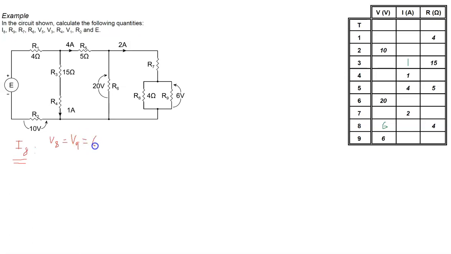Well, that's good, because now I have 2 pieces of information about R8. And so that means I can find I8 by Ohm's law. And so I8 is equal to V8 divided by R8.